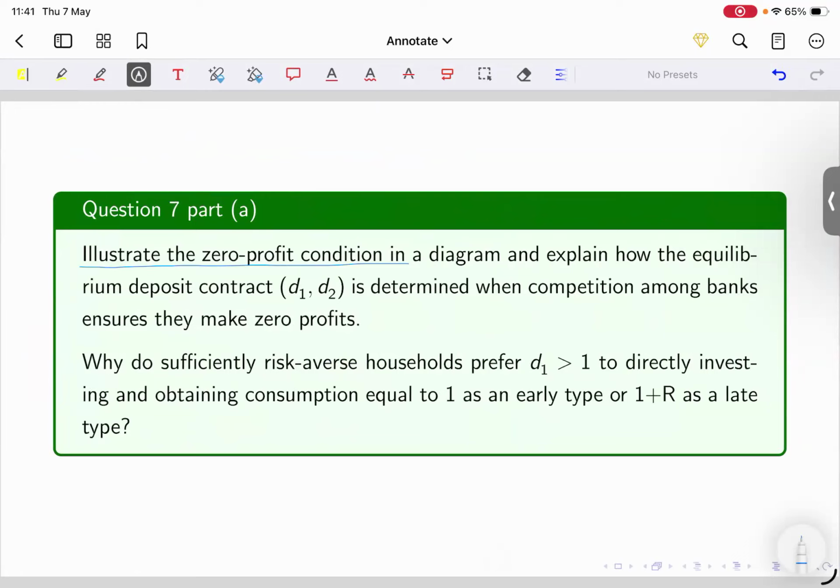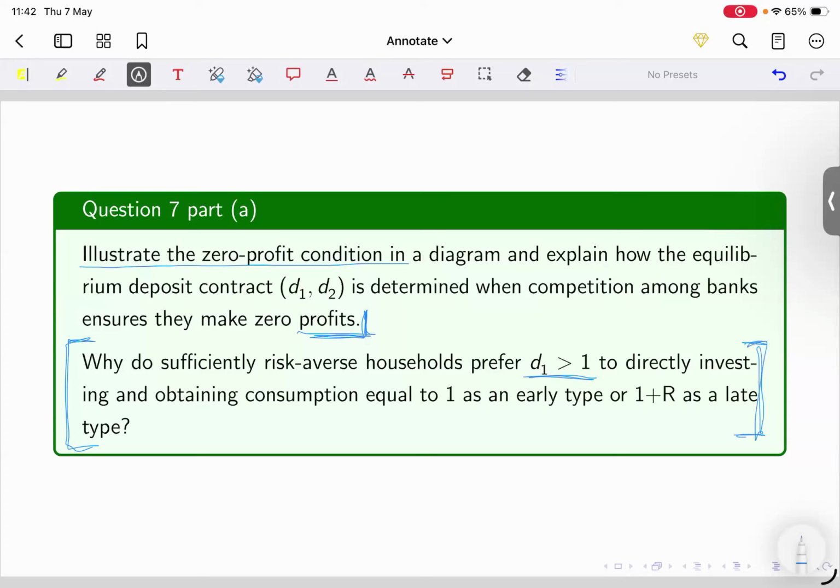So this is to say the zero profit condition we've just seen holds. And then the question: why do sufficiently risk-averse households prefer D1 greater than 1 to directly investing and obtaining consumption equal to 1 as an early type or 1 plus R as a late type? Let me rephrase this.